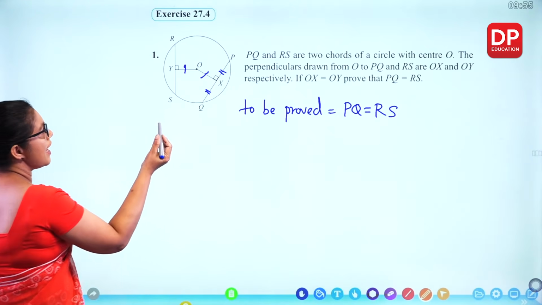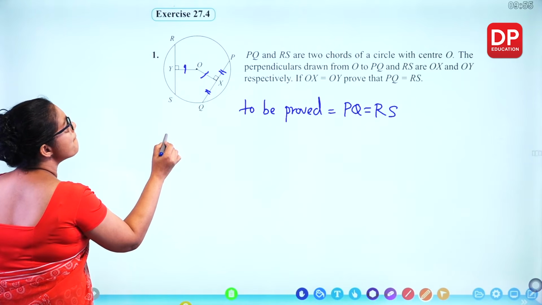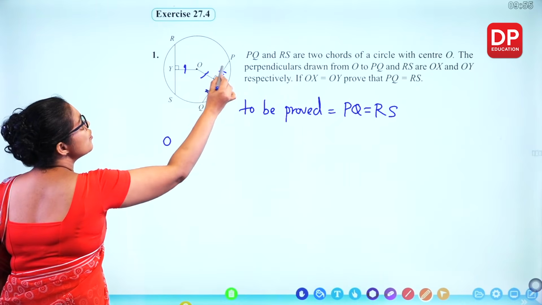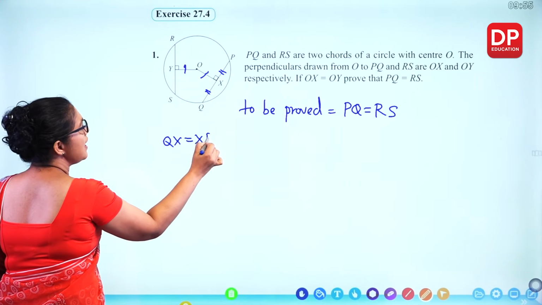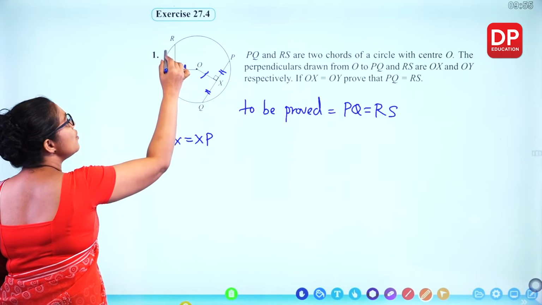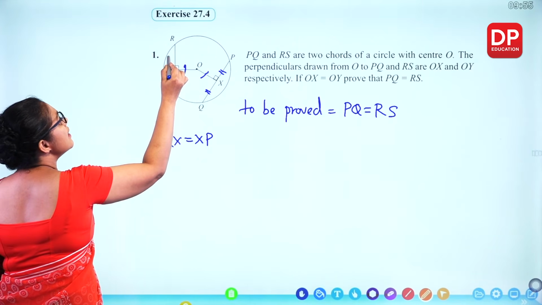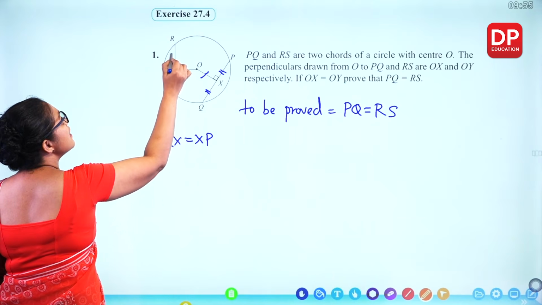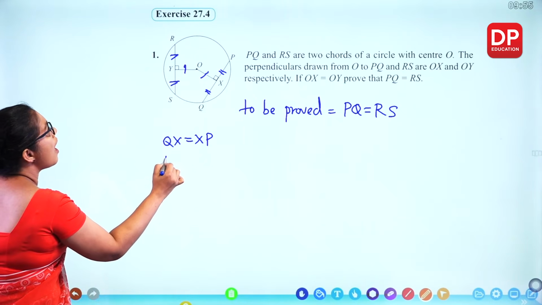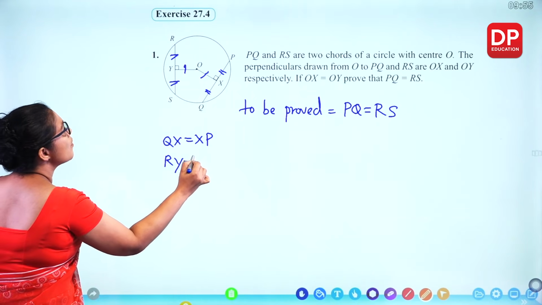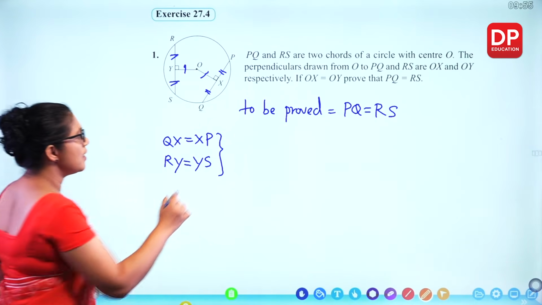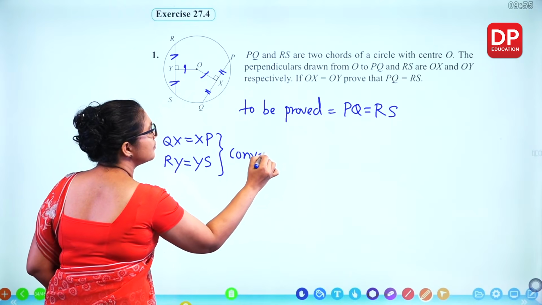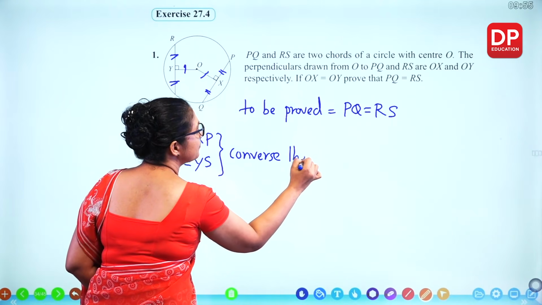So here we can write down, when you look at this one, QX is equal to XP, as well as when you look at this bisector, I'll put another symbol here, RY is equal to YS. Both are equal because of the converse theorem.